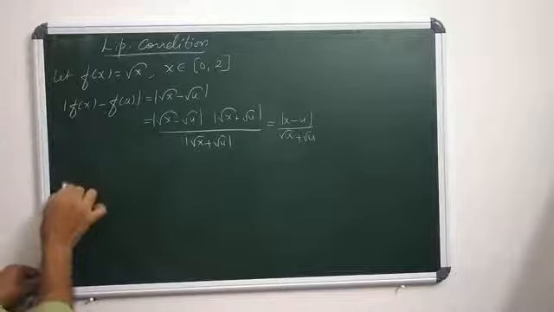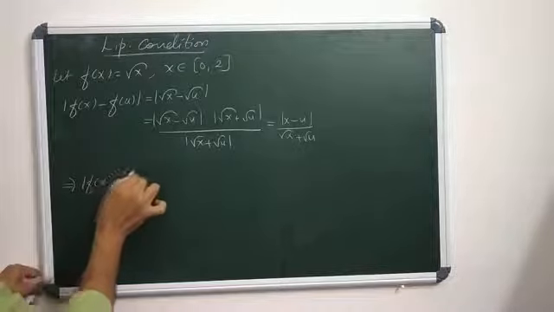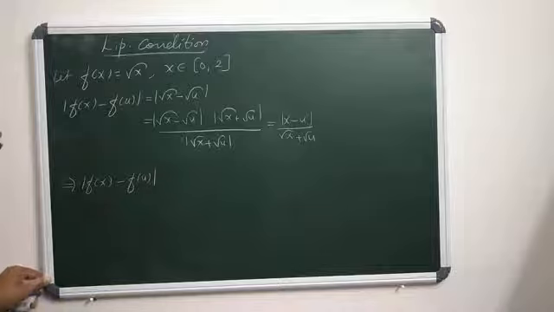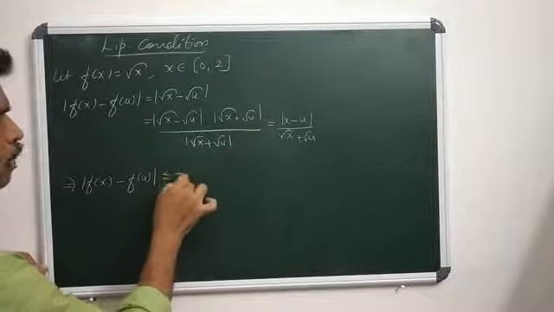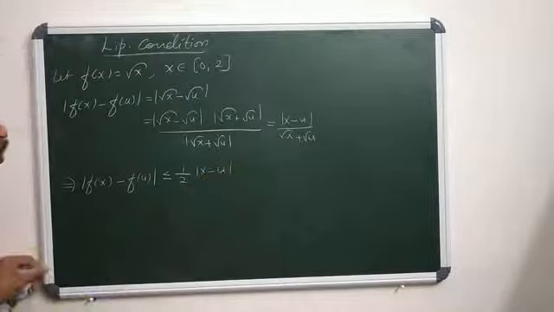That means modulus of f of x minus f of u equals modulus of x minus u divided by root x plus root u. That is less than or equal to 1 by 2 into modulus of x minus u.